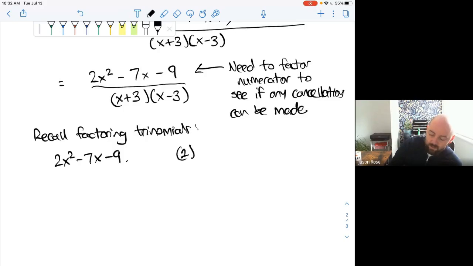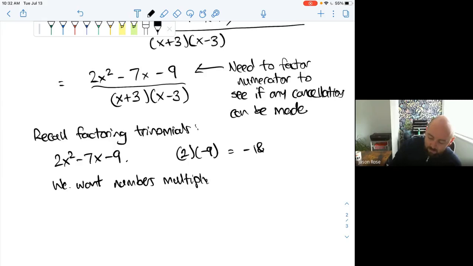What we do is we say 2 times negative 9 is negative 18. And we want numbers multiplying to minus 18 that add to minus 7.